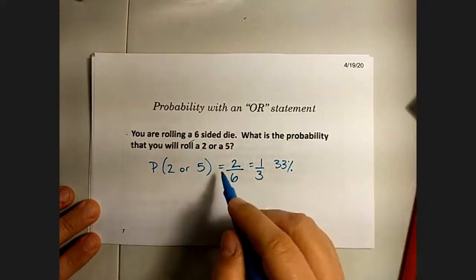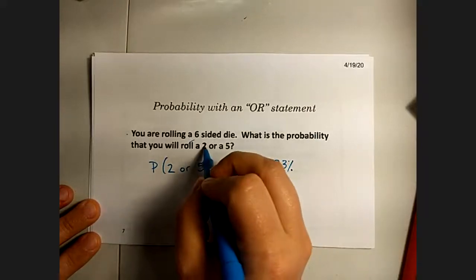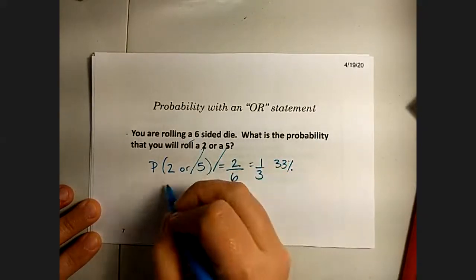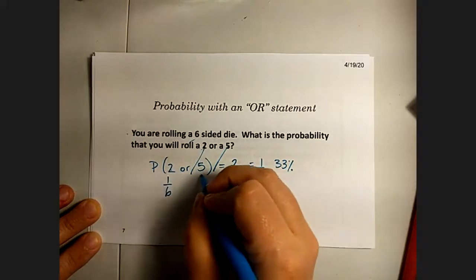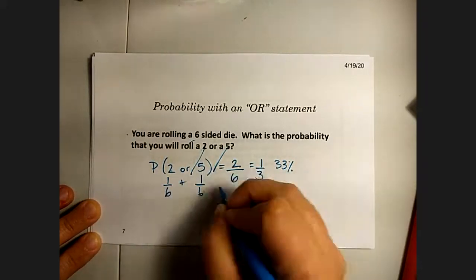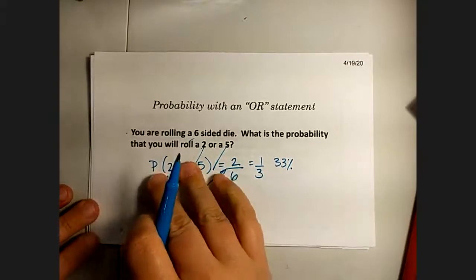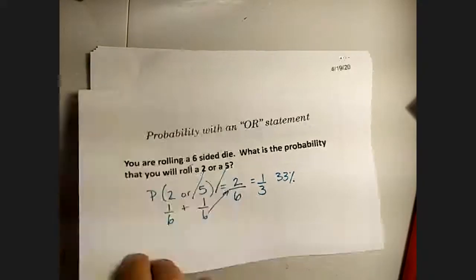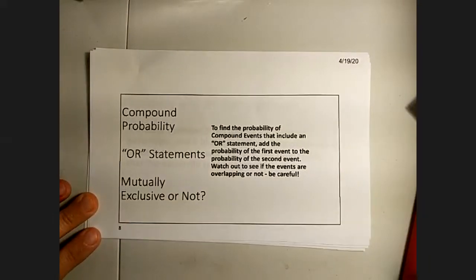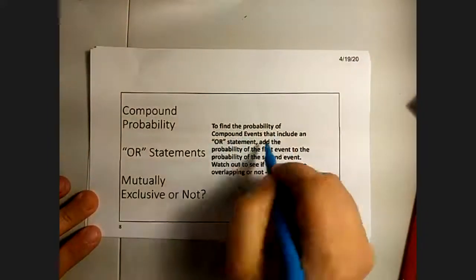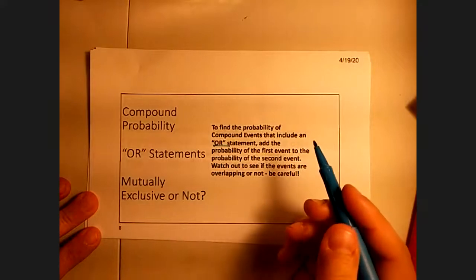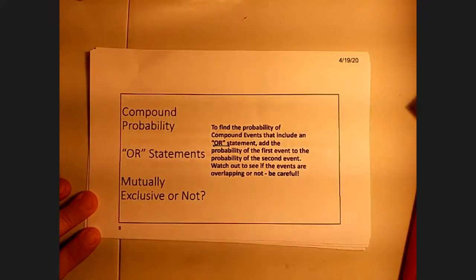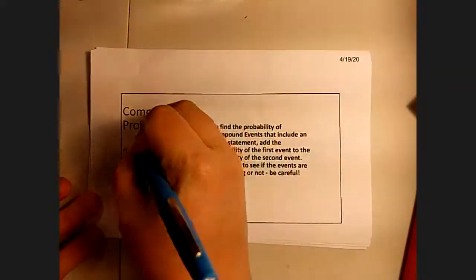If we think about what we actually did here, we took these two probabilities and added them together. The probability of getting a 2 was 1/6. The probability of getting a 5 was 1/6. Added together, we get 2/6. That's the initial understanding with "or" probability, to find the probability of compound events that include an "or" statement. Instead of multiplying like with "and", "or" is all about addition.